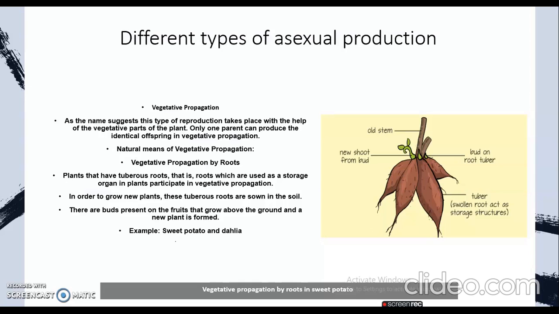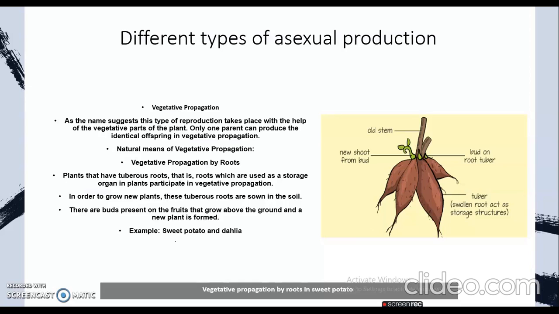Let me explain it to you in basic words. The process where reproduction takes place with the help of vegetative parts and only one parent can produce their own kind is known as vegetative propagation.